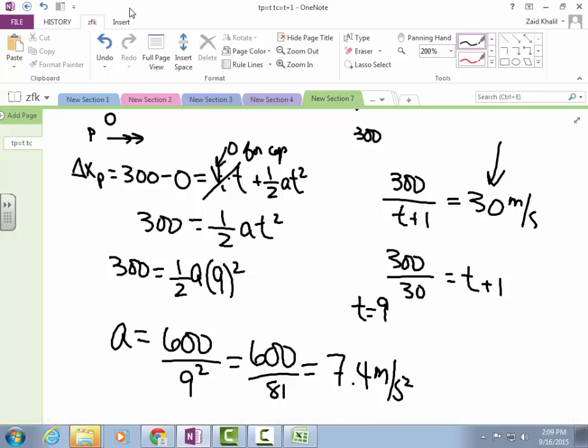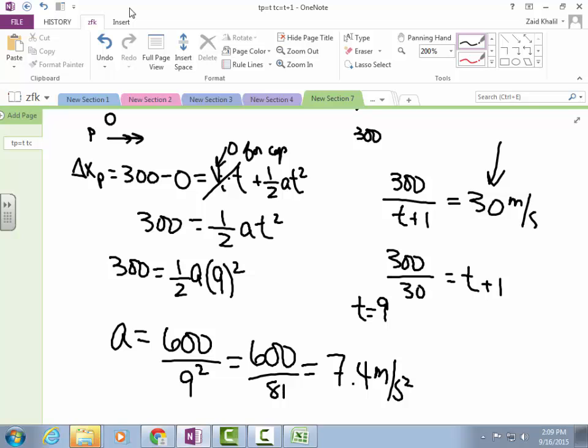So you follow that. If you notice, in time t, how far did he travel? In time t, what was his displacement? Take a look. What is t equal to? 9 seconds, right? So, in 9 seconds, he's traveling how fast? 30 meters per second. How far did he travel?